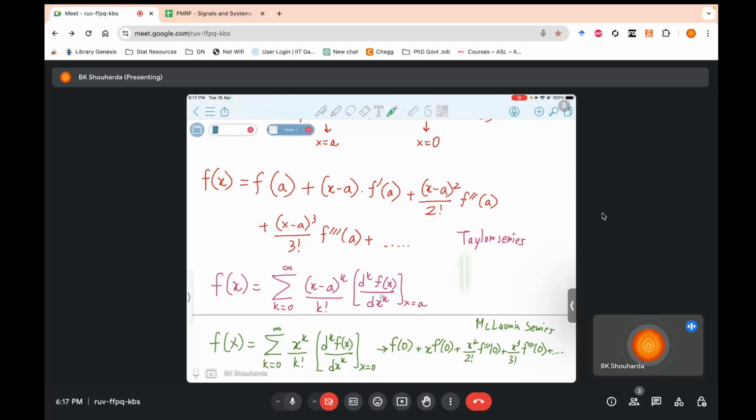There we had sine and cosine waves of varying frequencies as basis functions in the Fourier series, and in the Taylor series we have polynomials: first order, second order, third order, fourth order, fifth order, and so on. That's the Taylor series, with different basis functions.